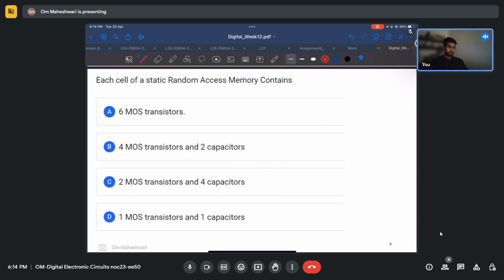Okay, let us see this. What is static random access memory? It is SRAM. SRAM is the fastest memory in the CPU.